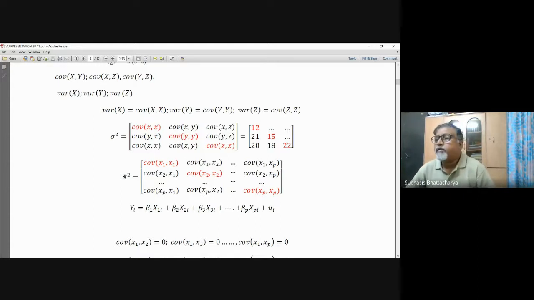So when the covariances are non-zero, there will be a possibility of interdependence between the variables. We cannot say such interdependence is a relationship between dependent and independent variables, because I'm not saying that y is the dependent, x is the independent, z is the independent, or y x is the dependent. I'm not mentioning it that way.